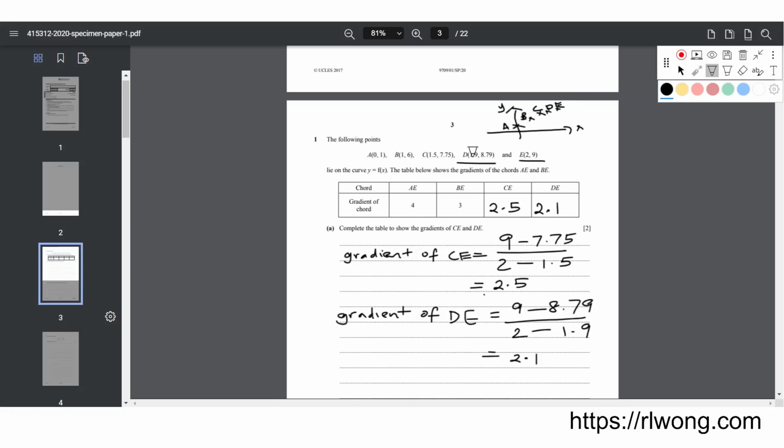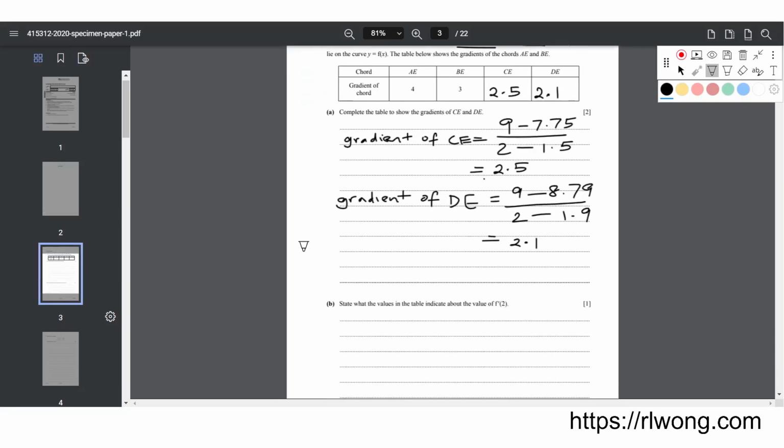So what we are doing in part A is finding the gradient of chord AE, then the gradient of chord BE, then the gradient of chord CE, and finally the gradient of chord DE. This question is actually testing your understanding of the concept of differentiation from first principles.